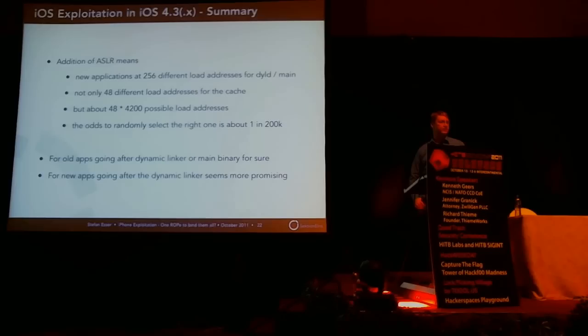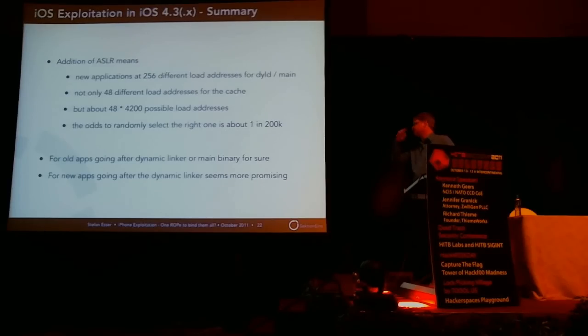Before that there were like 48 different load addresses for the cache. I think there's something wrong on the slide. Anyway, now you have like 48 times 4,200 possible load addresses.